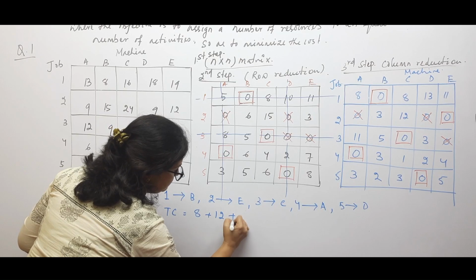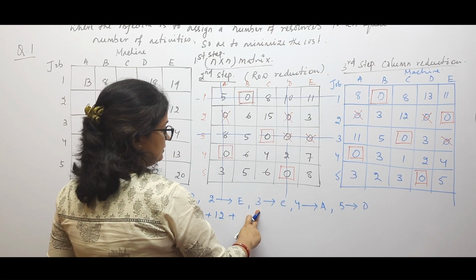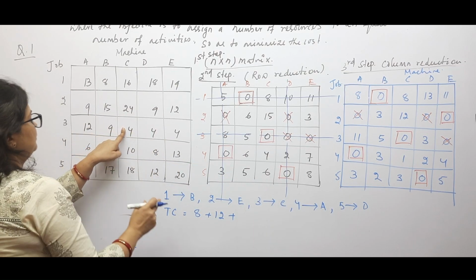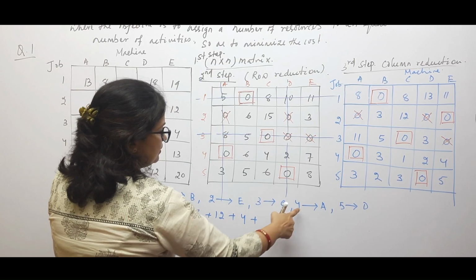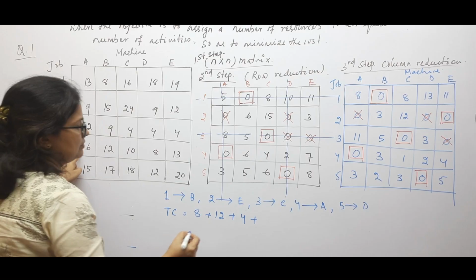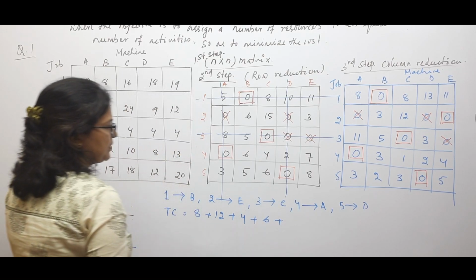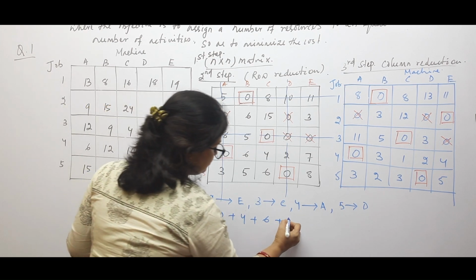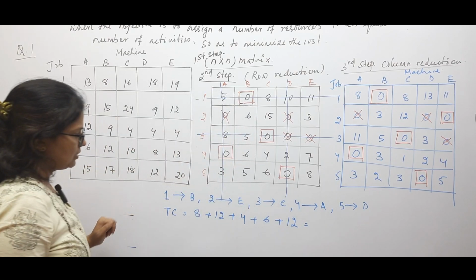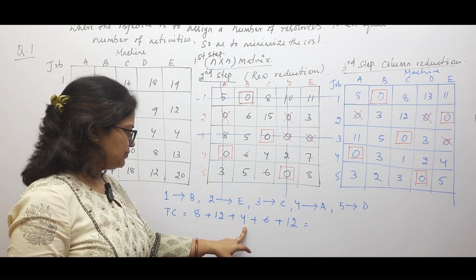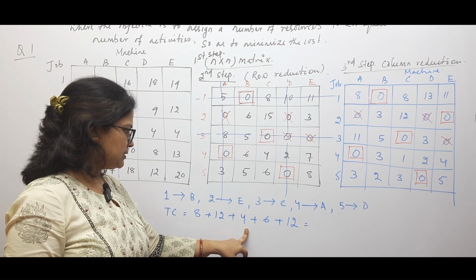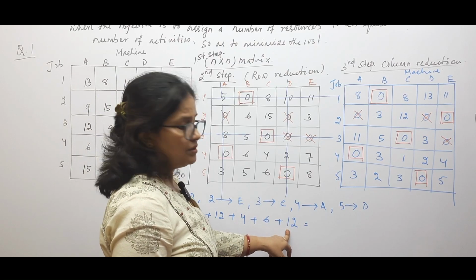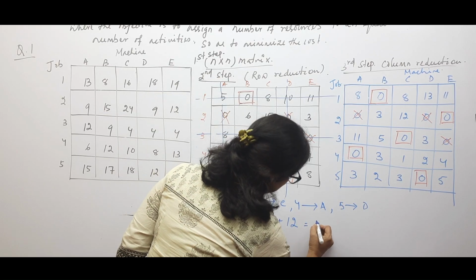So 8 plus 12 plus, third job is assigned to machine C. The value of C is 4 plus, fourth is assigned to A, so the cost is 6 plus, fifth is assigned to D. The cost is 12. So if you calculate the total cost, 8 plus 12 is 20, plus 4 is 24, plus 6 is 30, plus 12 is 42. So this is 42.